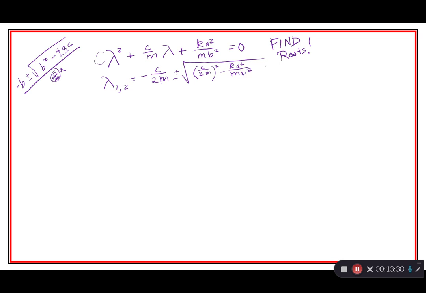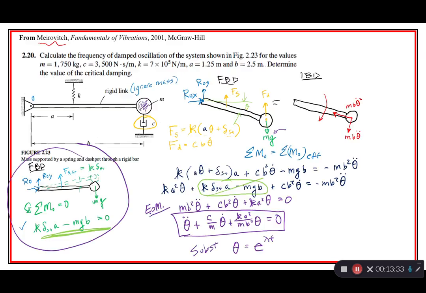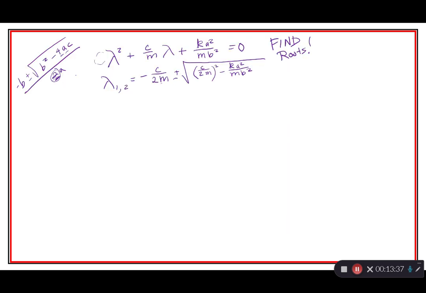And what we were trying to find, remember, is the critical damping. It's critical when this is equal to 0. So we could say that c over 2m squared minus k a squared over m b squared equals 0.